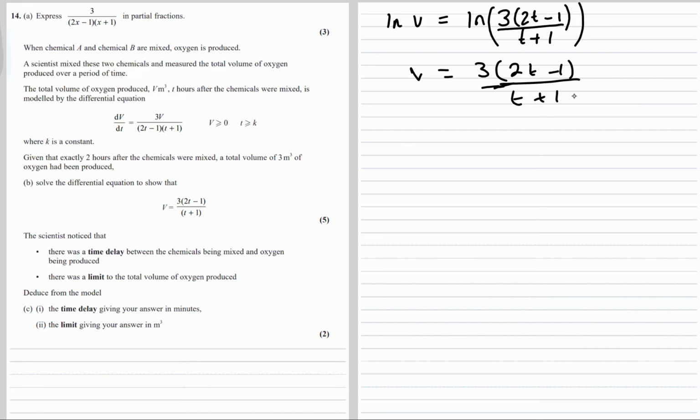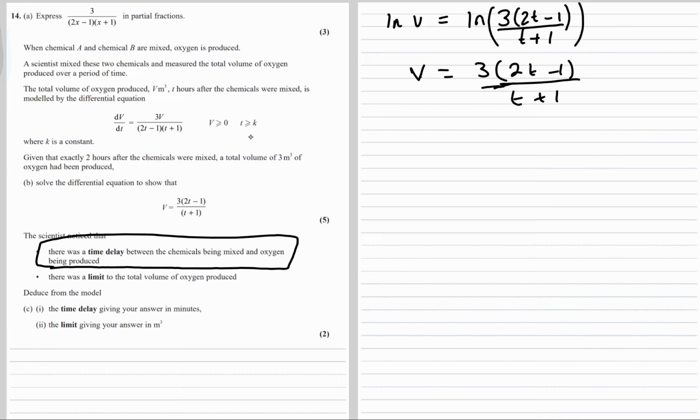And the scientists noted that there was a time delay between the chemicals being mixed and the oxygen being produced. And there was a limit to the total volume of oxygen deduced from the model. So we should be able to tell from this what the time delay is and what the limit is.